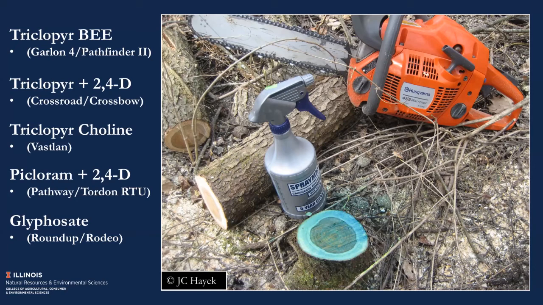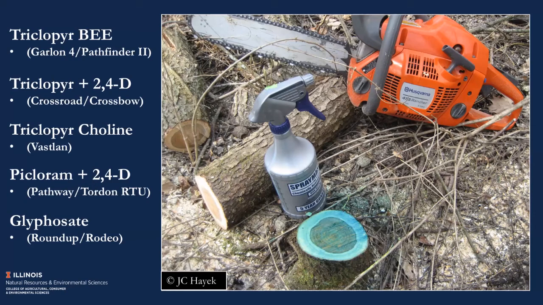Triclopyr choline is a newer product, Vastlan. It's expensive, but it won't cause blindness like Garlon 3A, which is the amine version of triclopyr, which is pretty nasty stuff. I don't use Garlon 3A anymore because of that blindness hazard.